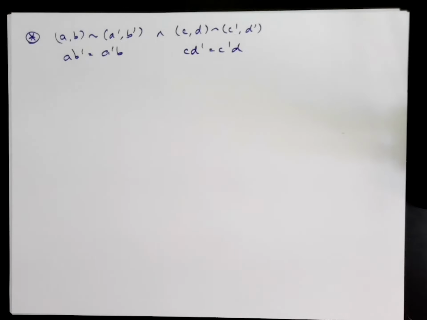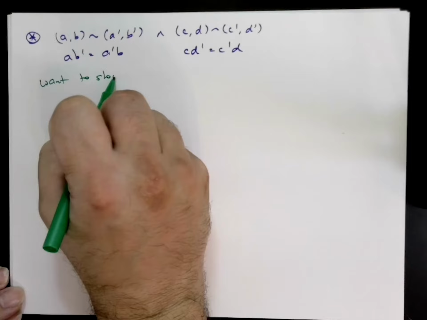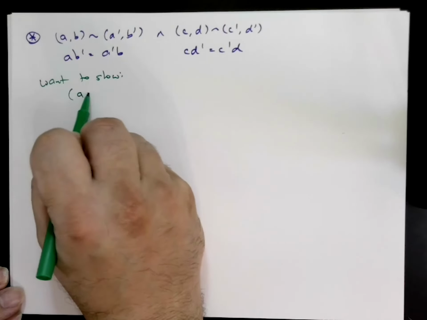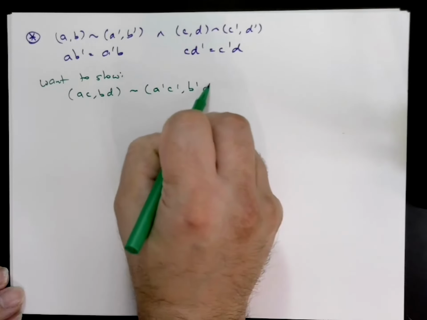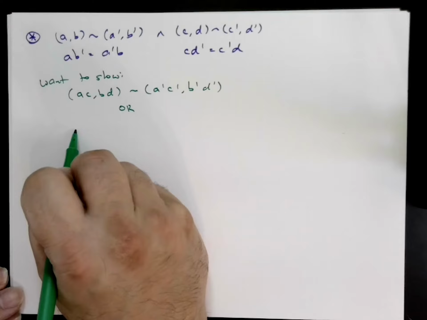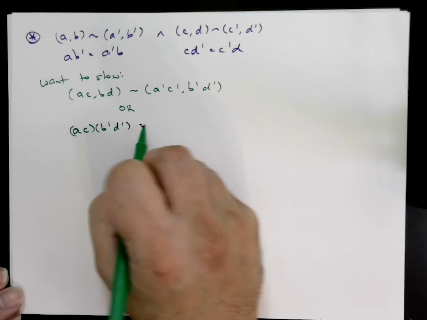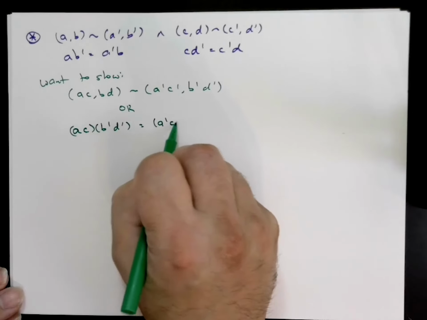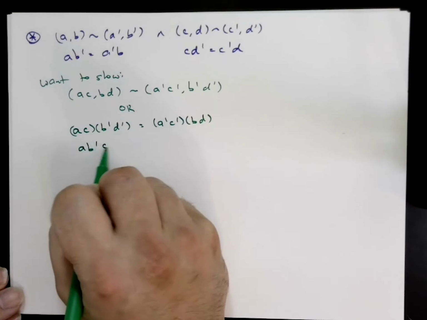But if we multiply that out, that's equivalent to the equation AB'CD' equals A'BC'D. Remember, equivalent means the first component on the left times the second component on the right equals the first component on the right times the second component on the left. Now we have 4 terms on one side equals 4 terms on the other side, but if you break them up into the ABs and the CDs, you see that exactly under the assumptions that we made, these are equal.